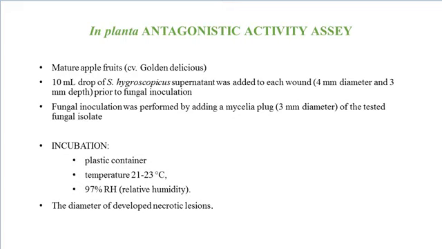The fungal inoculation was performed by adding a mycelial plug, 3 millimeters in diameter, of the tested fungal isolates. After incubation in a plastic container at a temperature between 21 and 23 Celsius degrees with relative humidity of 97% for 7 days, the diameter of the developed necrosis lesion was measured.